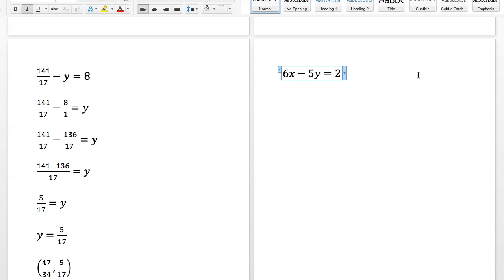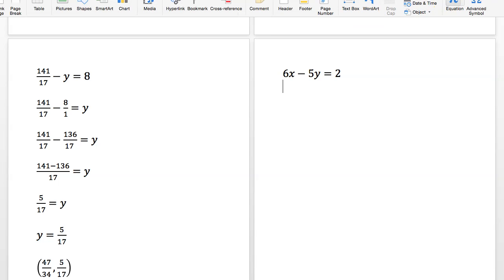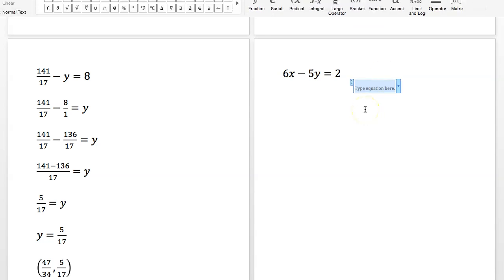So 6x minus 5y equals 2. And let me insert equation, and let me do 8x minus, now I don't want to use y as a scapegoat this time. I don't want y to be easy to wiggle out of. Not anymore.